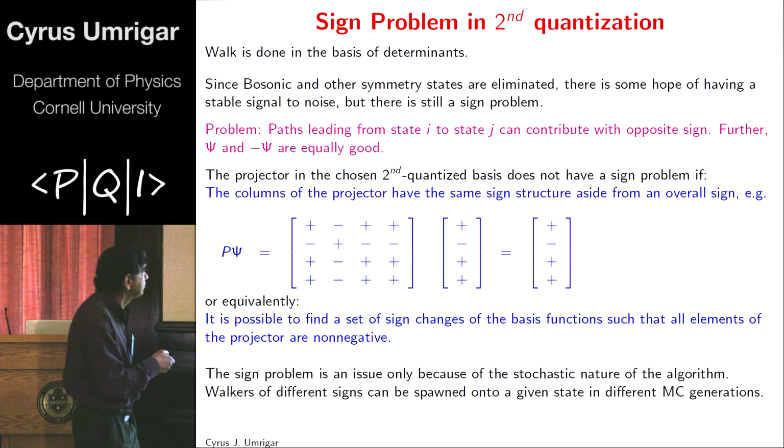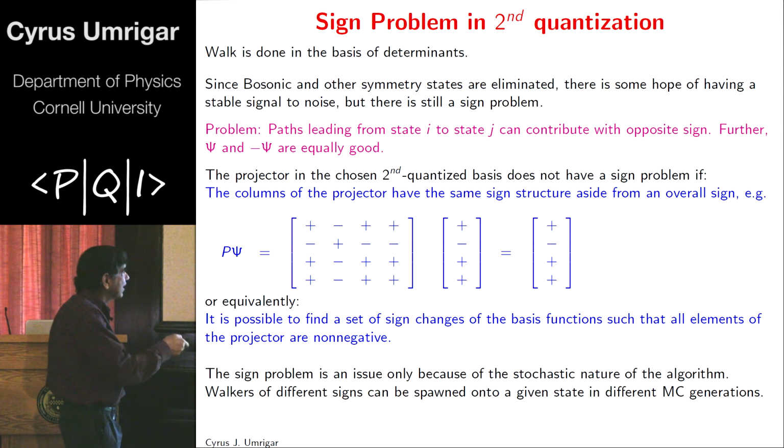When does the sign problem disappear? It disappears when your projector is such that each column of the projector has the same sign structure aside from an overall sign. For example, this column has the same sign structure as this column if I flip all the signs of this column.